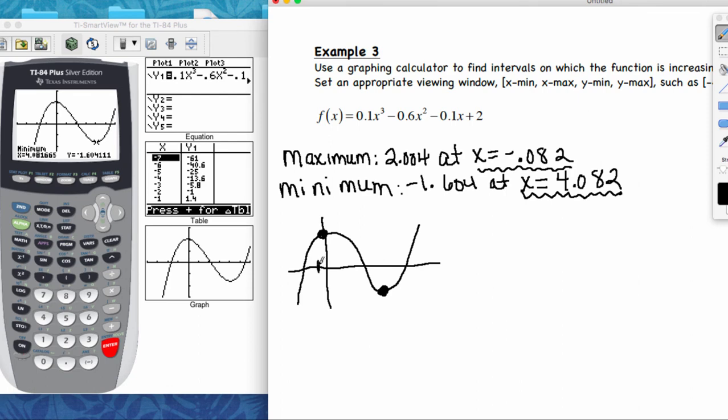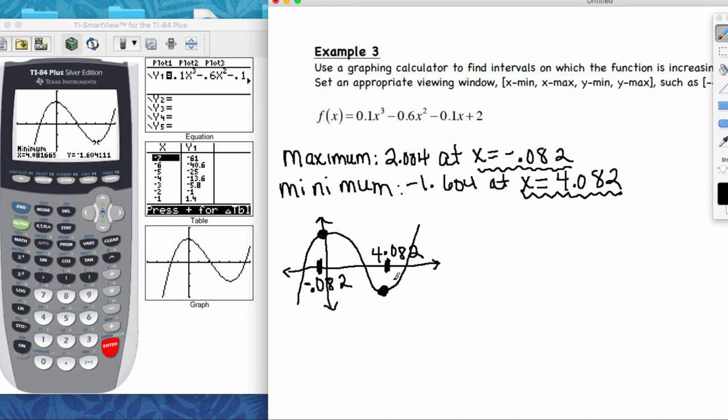The x-coordinate that I have right here and the x-coordinate that I have right here is what we're going to use to write those intervals. Okay, so this x-coordinate right here is negative 0.082, and then this x-coordinate over here is 4.082.